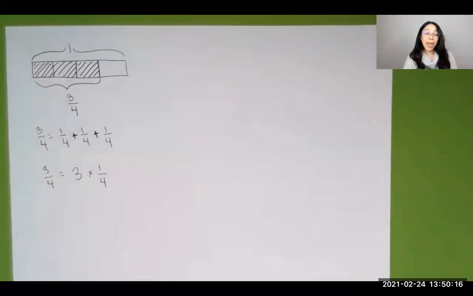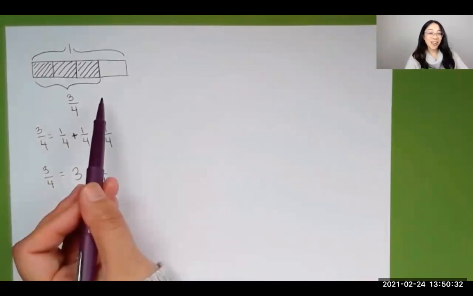If we want to add the same fraction of a certain amount many times, instead of adding, we can multiply. So what's 3 copies of 1/4? That's 3/4, just like our diagram shows.